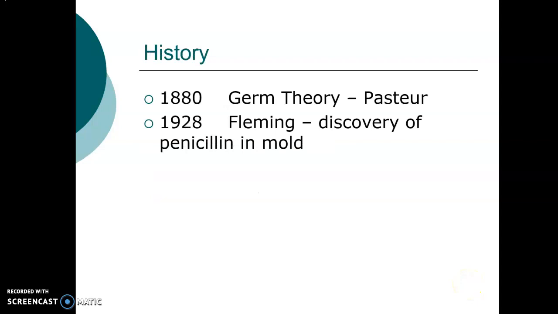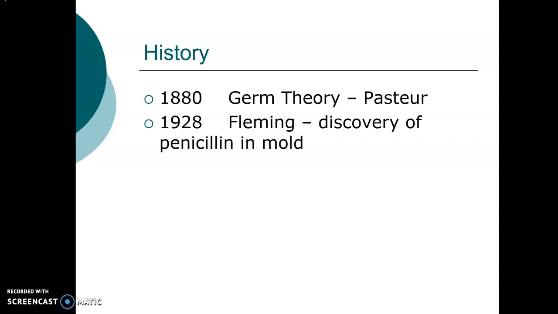All right, let's look at the history of antibiotics then. So we want to understand that prior to 1880, we didn't really know a lot about what caused infectious disease. There were theories that you got sick because someone in your family was bad, or you were bad, or generations ago. That disease was really a punishment.